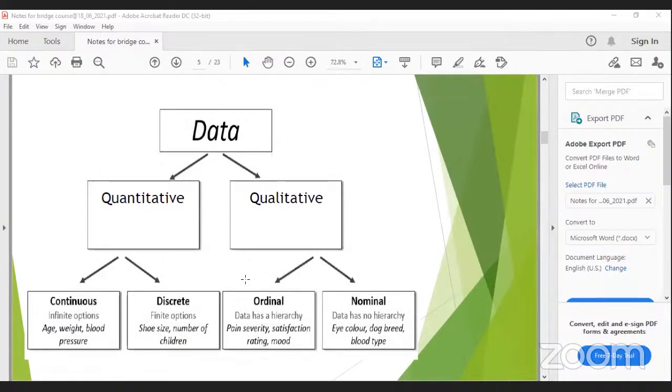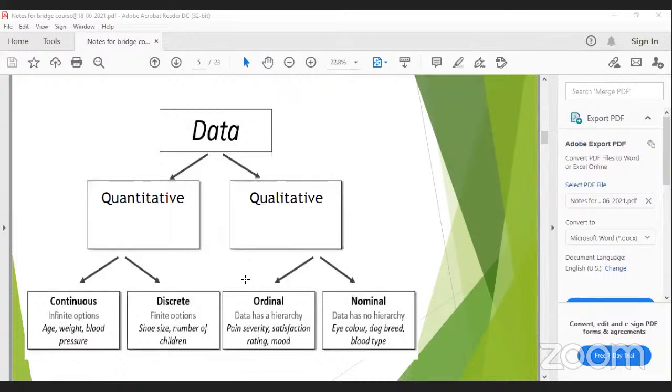If you understood this part, then your understanding of your data becomes excellent. I hope the majority of students already know this, because you are from a statistics background.